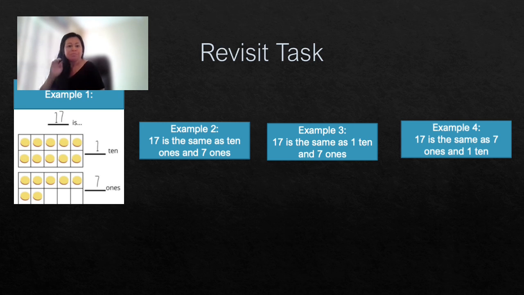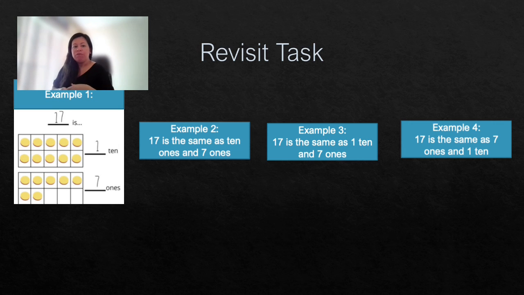Example 3 was 1 ten and 7 ones, and I thought that was a little bit more difficult because if a student is showing it that way, they are representing that group of 10. They're starting to group those 10 ones together to make 1 ten instead of saying 10 ones. So that's a little bit more complex.